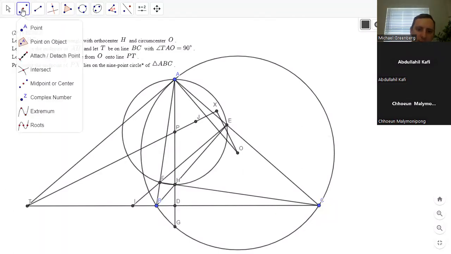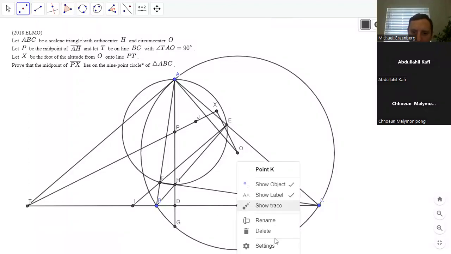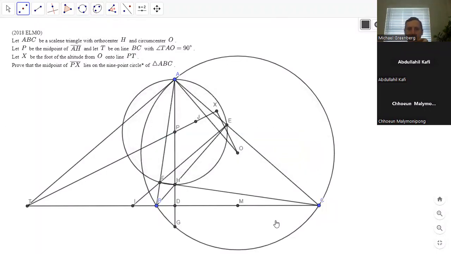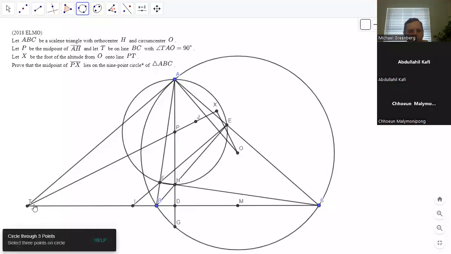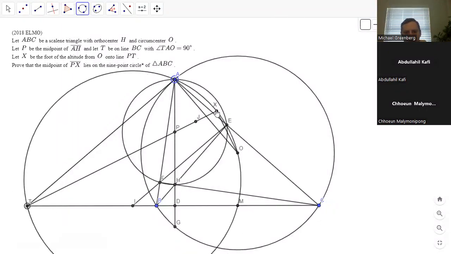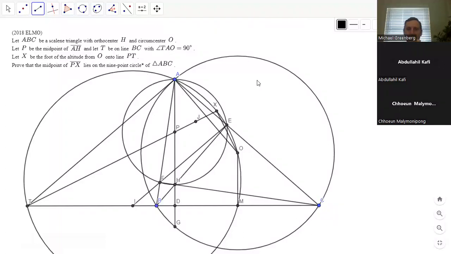So maybe it's worth drawing the midpoint of BC, and we can call it M. And then we have OX. I think we have a circle through 5 points: O, A, X, M, and T. Because we have all those right angles. So that might be helpful.